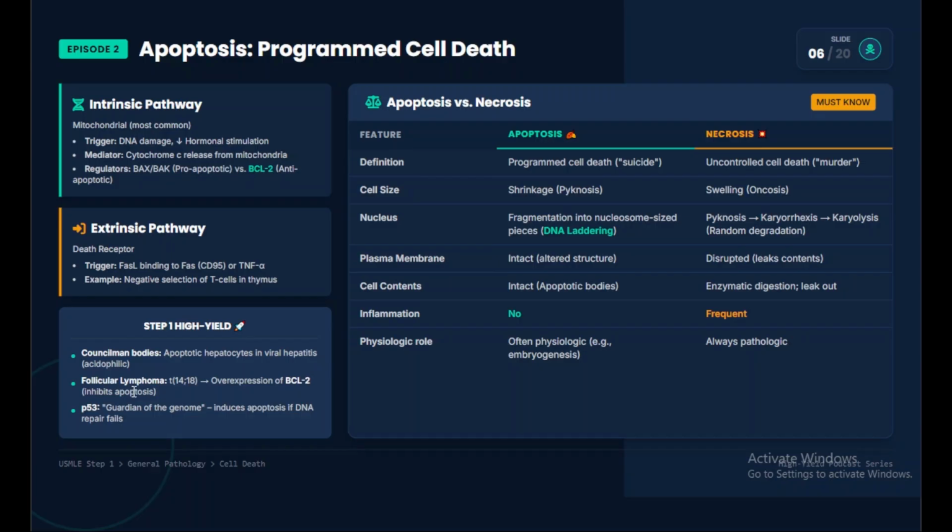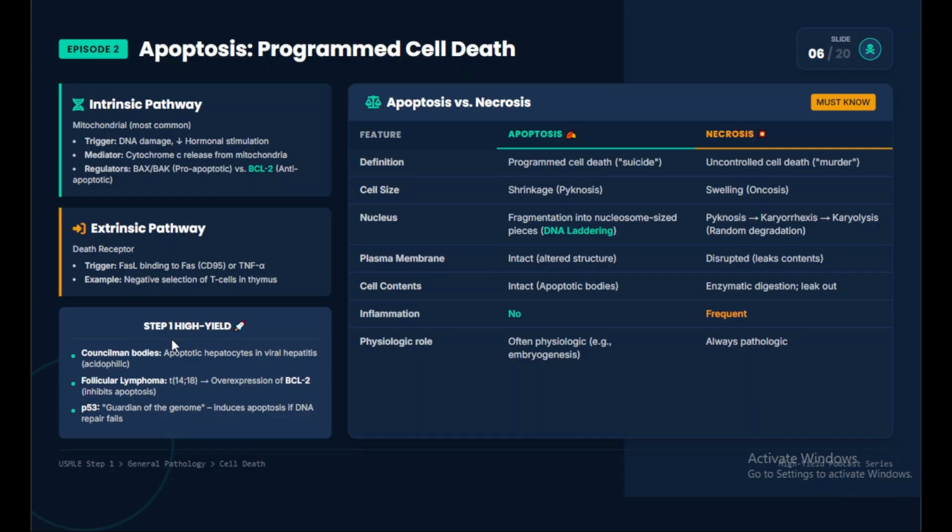I'm not going into the detail of this because I've already explained it while explaining the intrinsic pathway. So let me jump over to apoptosis versus necrosis. Let me explain this to you. Let's suppose the patient has viral hepatitis. By getting viral hepatitis, the virus somehow induces apoptosis.